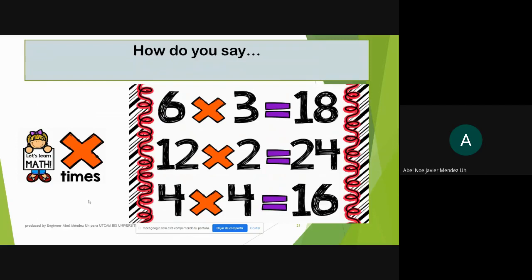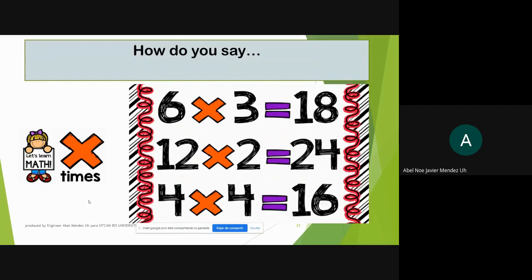How do you say the second operation, and how do you say the third operation? Excellent.